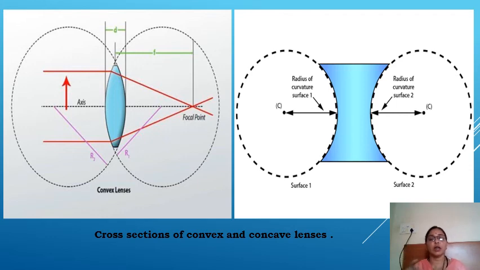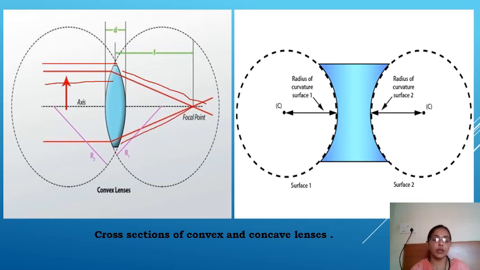You could see it in the next diagram. So it has two radii of curvature and two foci. So remember all this. So there will be two focal points, wherever the light comes and meets. See here, if the ray of light is traveling from left side to right side, you could see this ray of light comes and meets at the focal point, that is the focus.